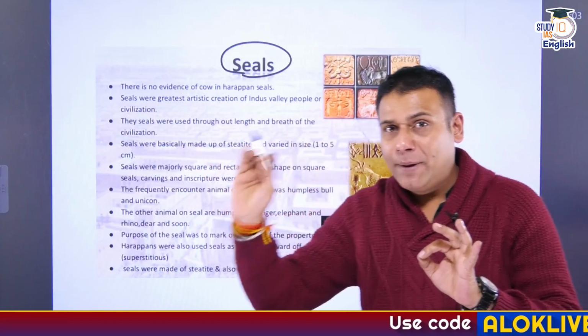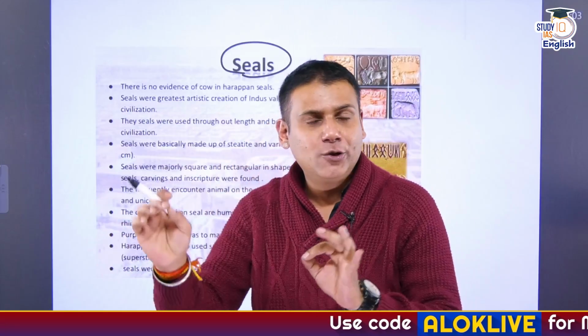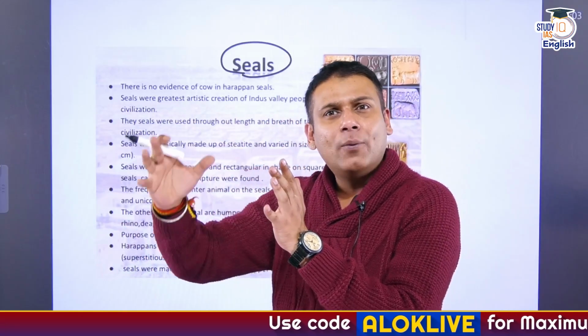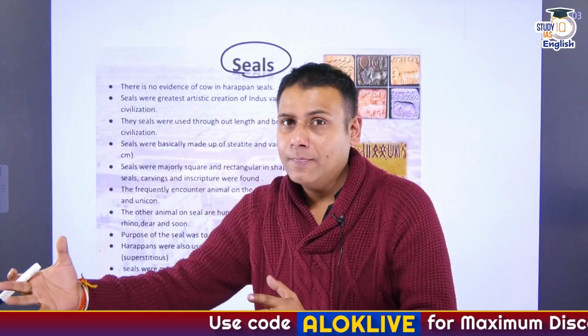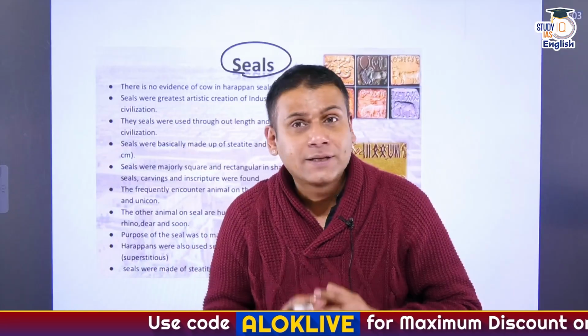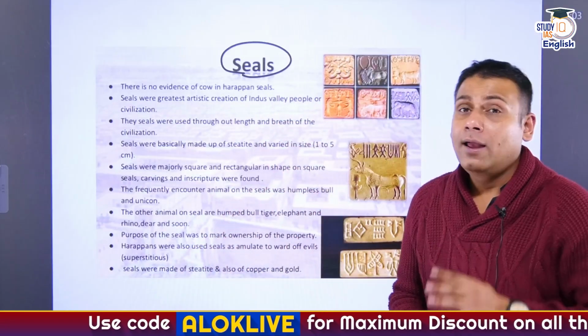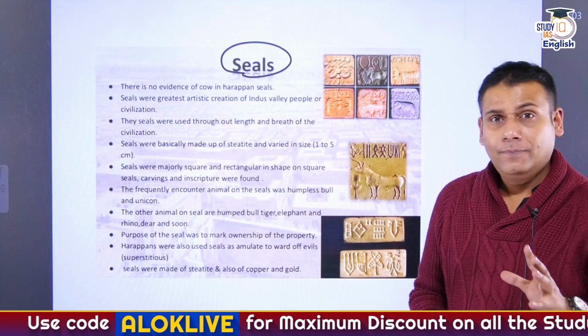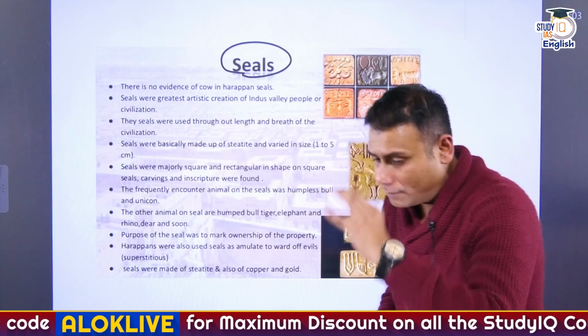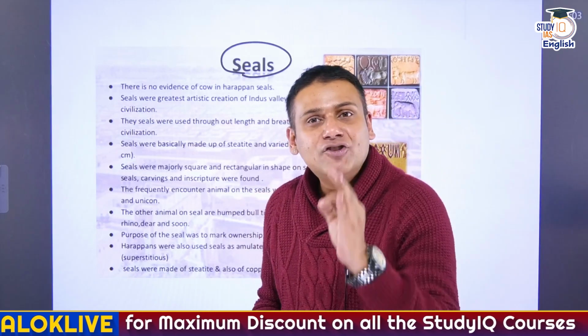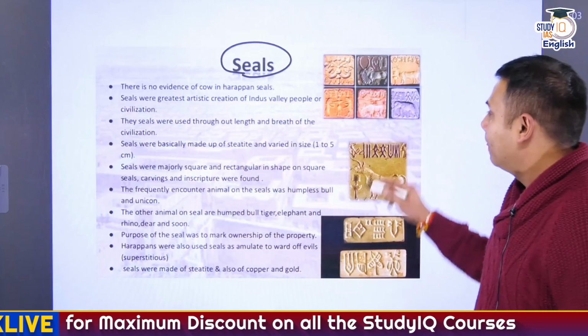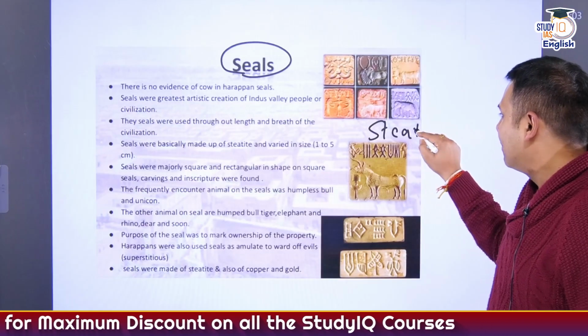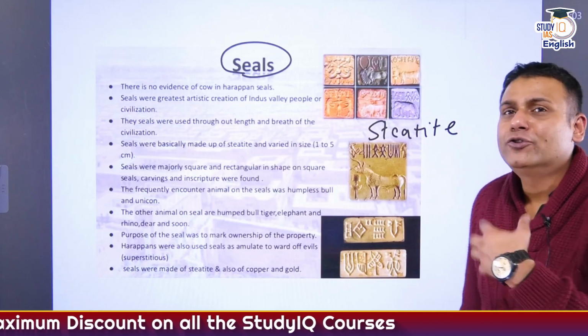I repeat, on square shaped seals you can find inscriptions plus carving, carving meaning certain designs, whereas on rectangular seals one can only find inscriptions. Correct? Apart from this, seals are majorly made of steatite, a soapstone.